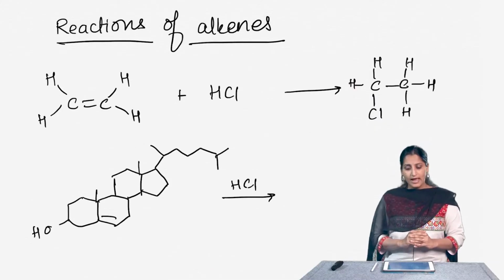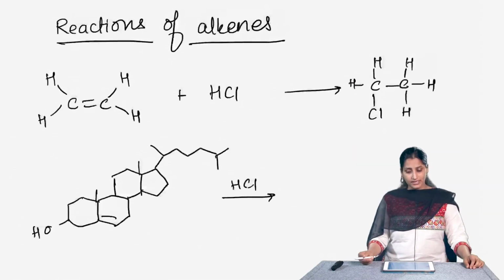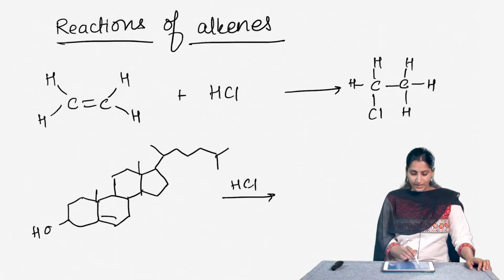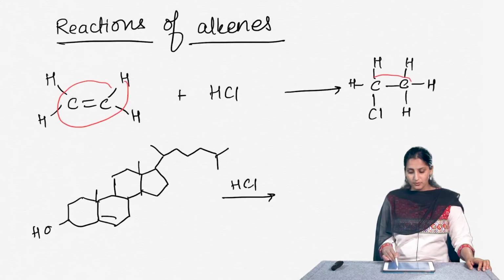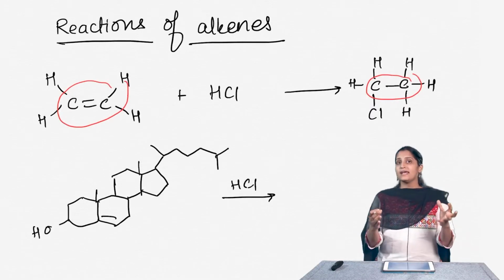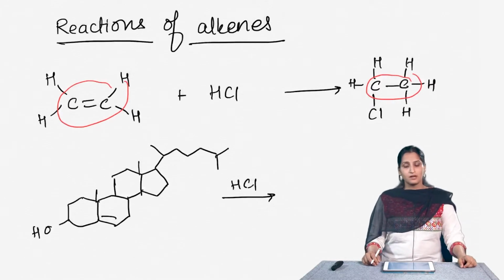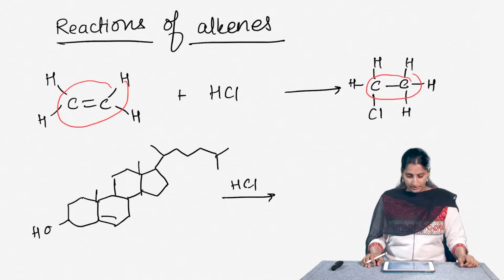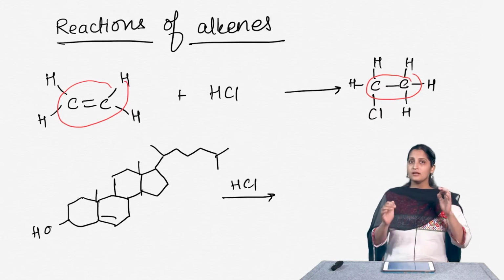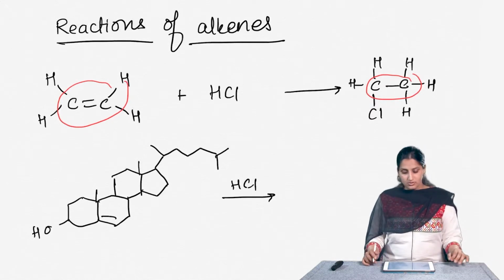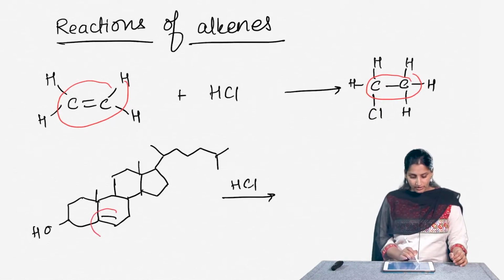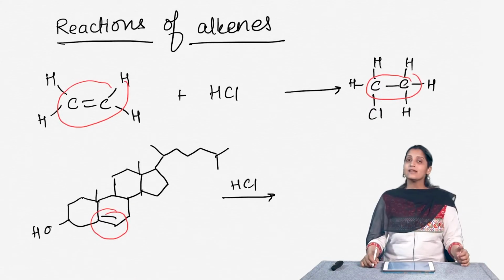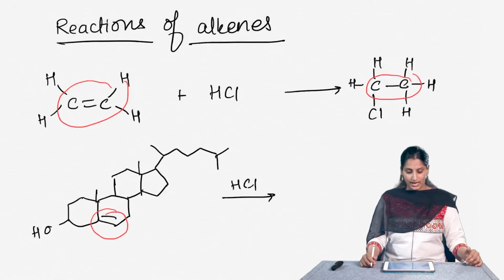So, herein I have an example of an alkene reacting with HCl and it reacts such that the carbon-carbon double bond breaks. So, this bond is broken in the end product and HCl adds across the carbon-carbon double bond. Hydrogen adds to one carbon and chlorine adds to the other. The same thing will happen if I take the cholesterol molecule. If I look at cholesterol here, I have this carbon-carbon double bond and when HCl reacts, it is going to do the same reaction.